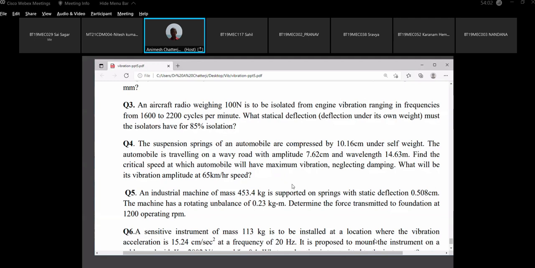Critical speed is the speed for which omega will match natural frequency.